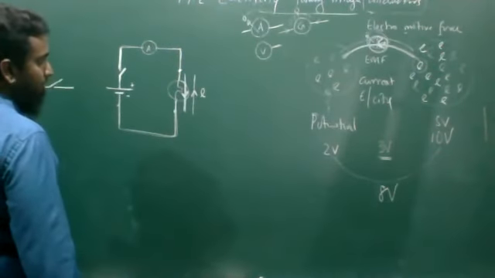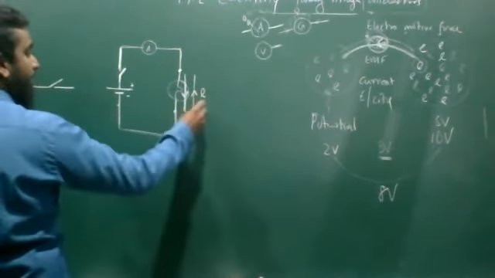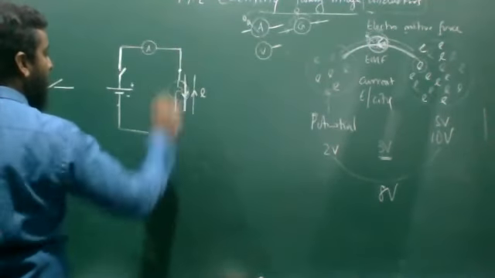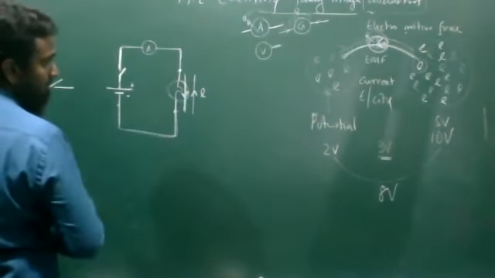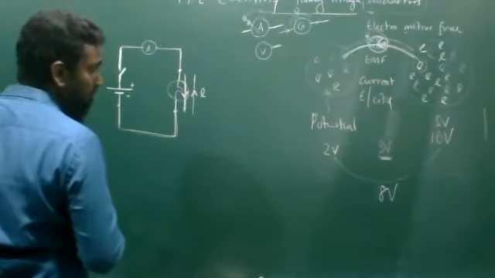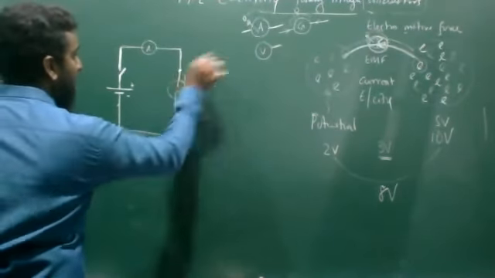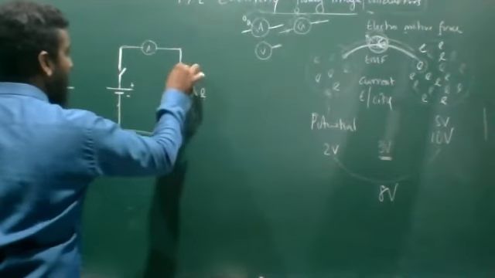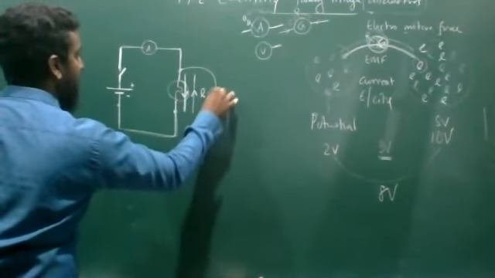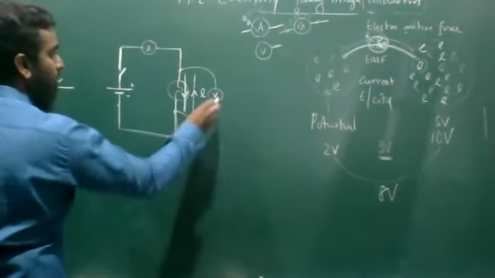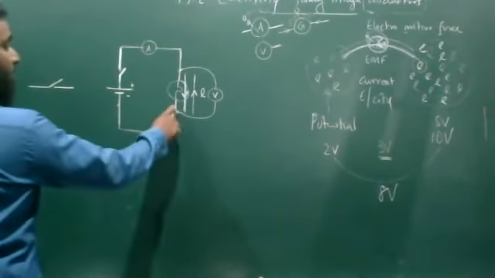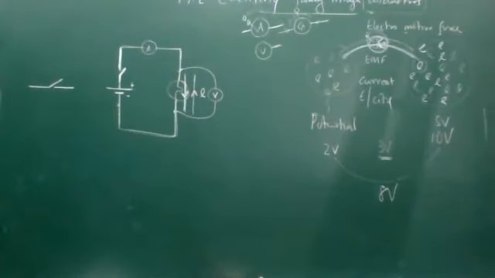You got it, I think. If you consider the potential here, it is going to differ from this place. Then how much is the potential difference? If you want to measure it, you have to connect one terminal of the voltmeter to this point and the other terminal to this point, and the connection should be like this. Then the voltmeter will show you the potential difference between these 2 points.